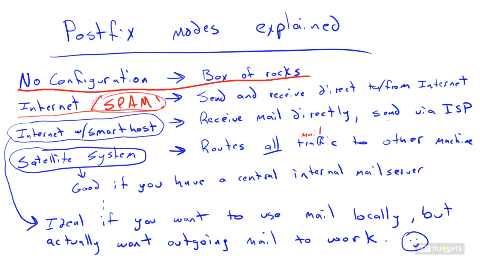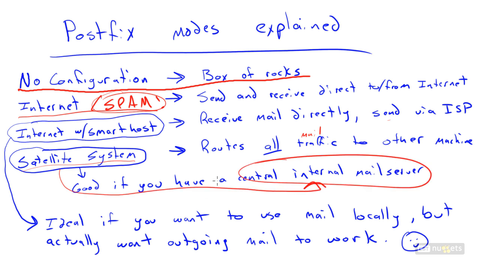But this is also good on your local network if you have a bunch of servers and one central internal mail server. All of your other servers can be satellite systems. Then if a local daemon like the Apache daemon says, hey, I ran out of disk space, and tries to send an email to warn you, it's going to route to this central internal mail server, and then you can get all of your mail from that one central place.